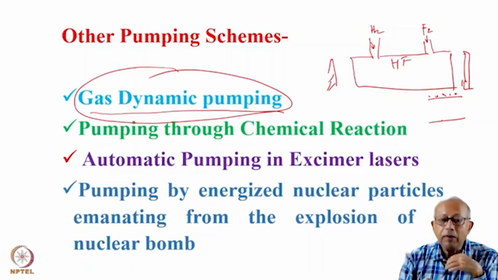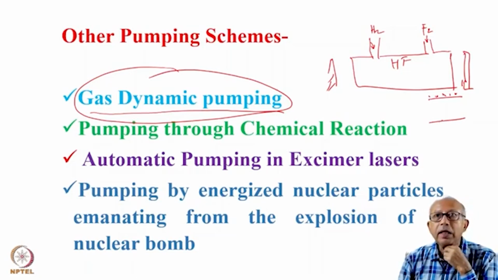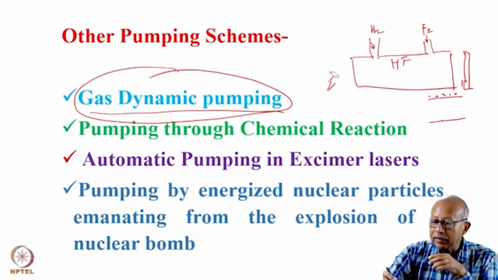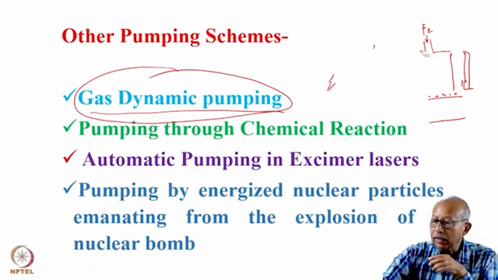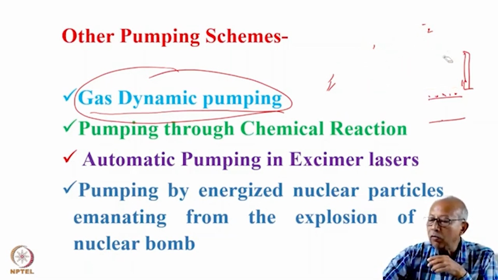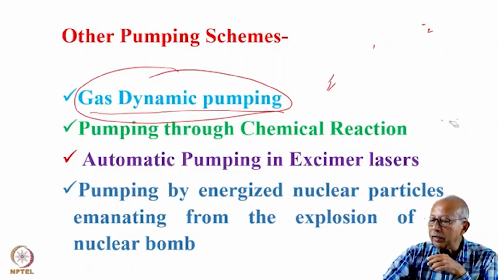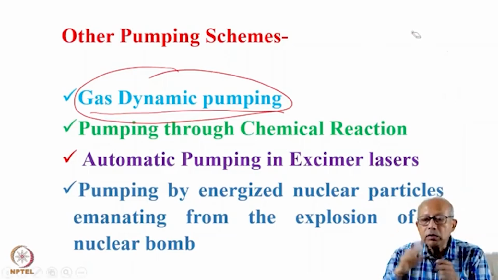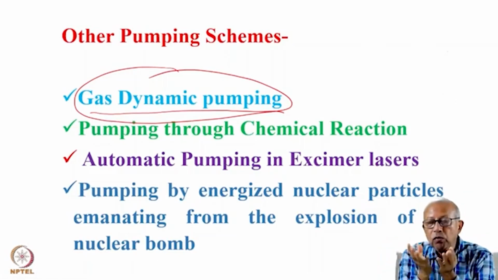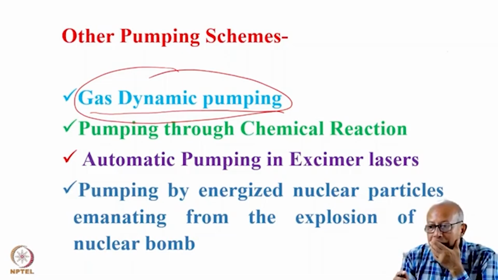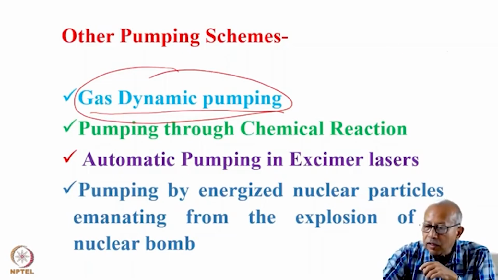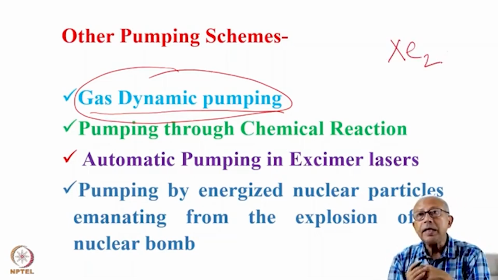Then there is another method of pumping, called excimer pumping. You see, inert gases like helium, xenon, neon cannot form a molecule because their electronic structure is full. However, you can form a xenon molecule in the excited state.